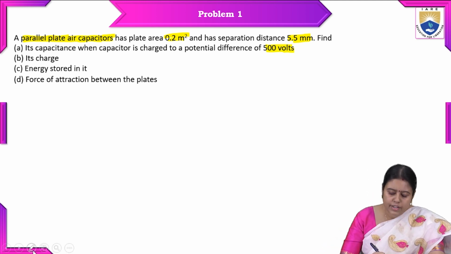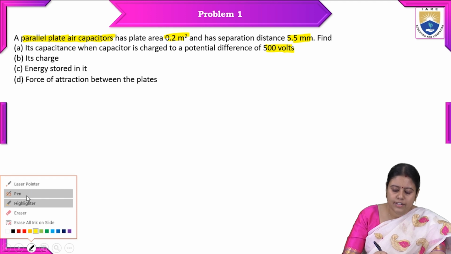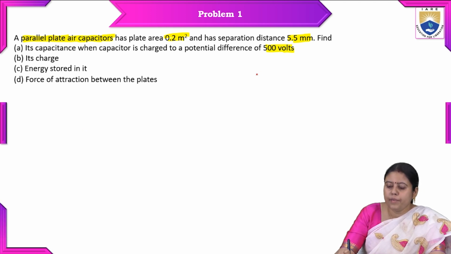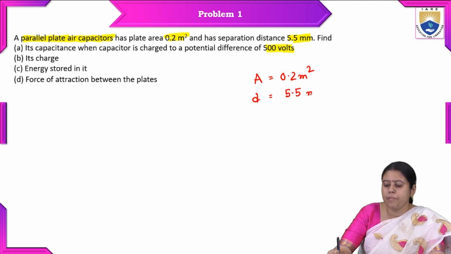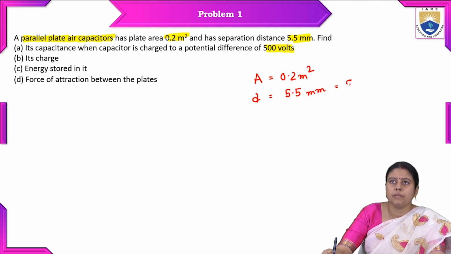When we start the problem, we can write the capacitor plate area is equal to 0.2 meter square. Distance between the plates is 5.5 mm, which is 5.5 into 10 to the power minus 3 meter.